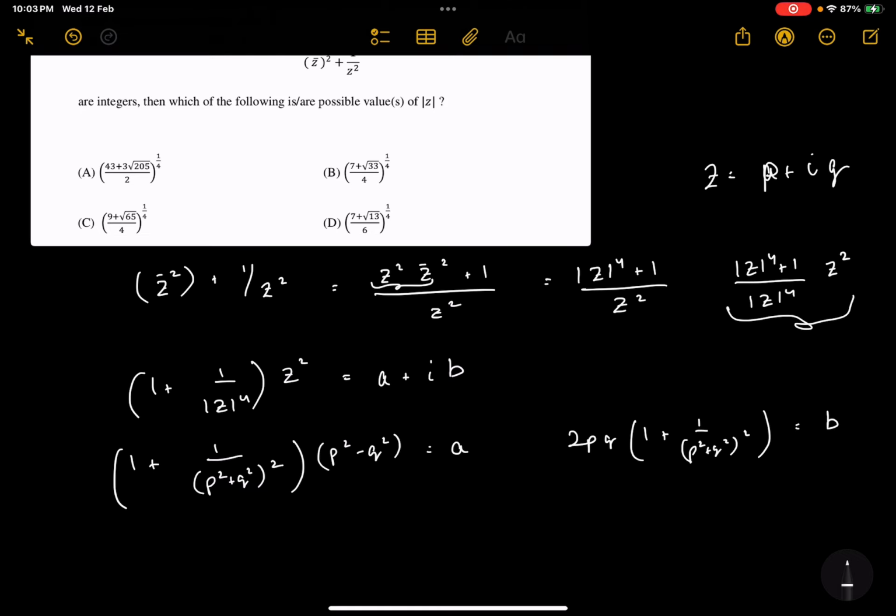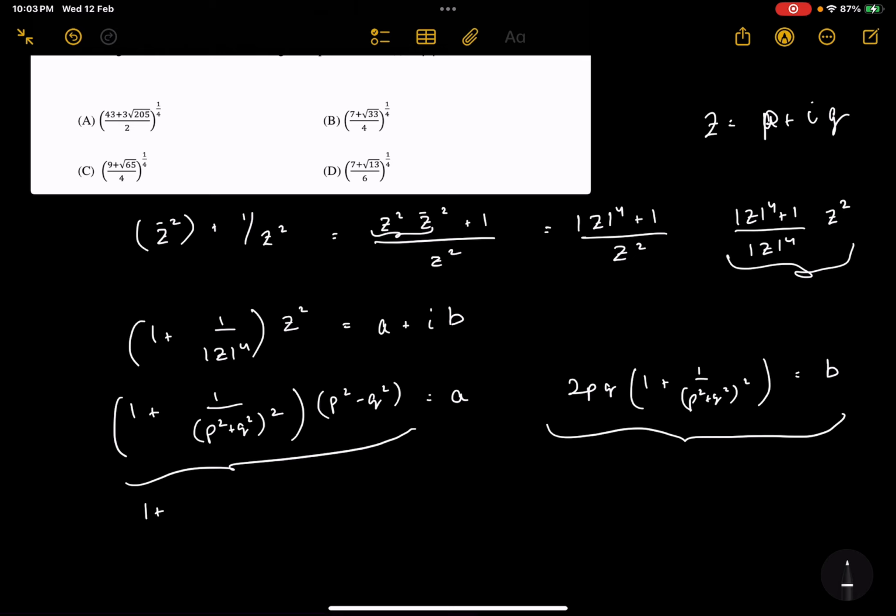Now what we'll do is squaring both these and adding them, we'll get 1 plus 1 upon mod z to the power of 4 squared plus, and then we'll get p square minus q square whole square plus 4p square q square.